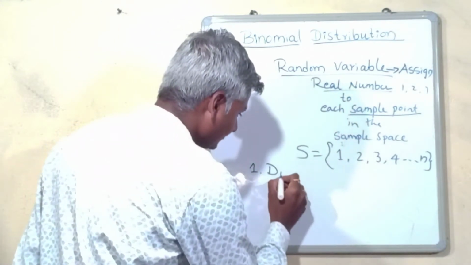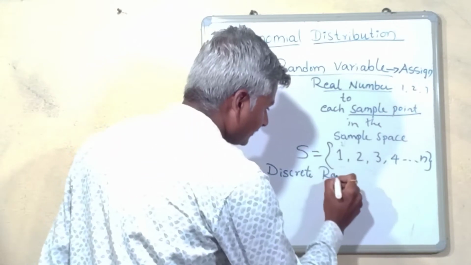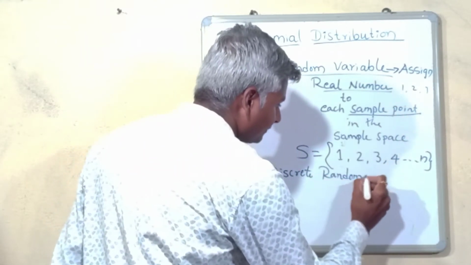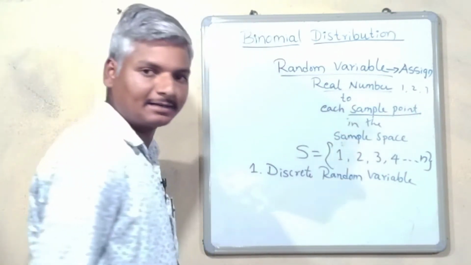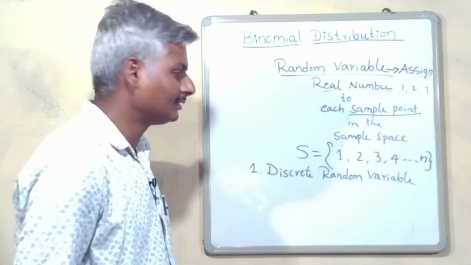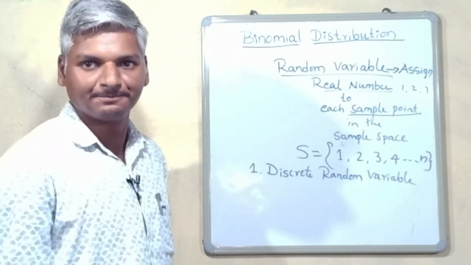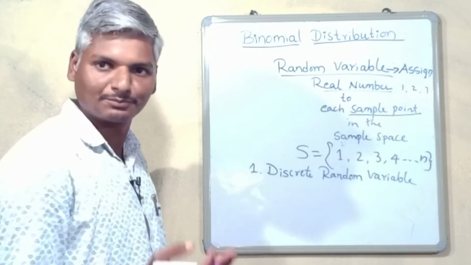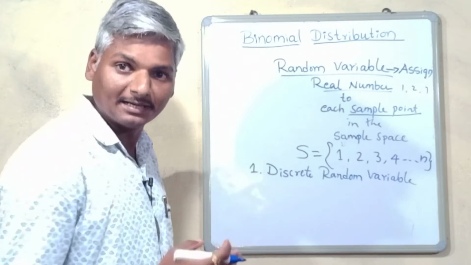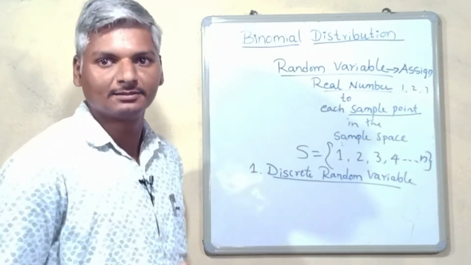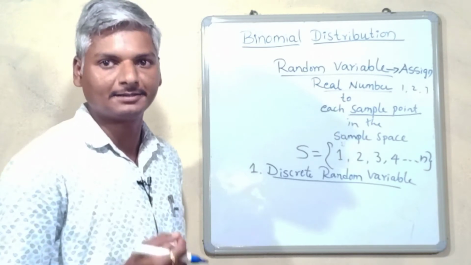First one is discrete random variable. Assume that you have x1, x2, x3, x4, x5 till xn values with probabilities p1, p2, p3, p4, p5, pn. When you toss a coin, there are two things, head and tail.